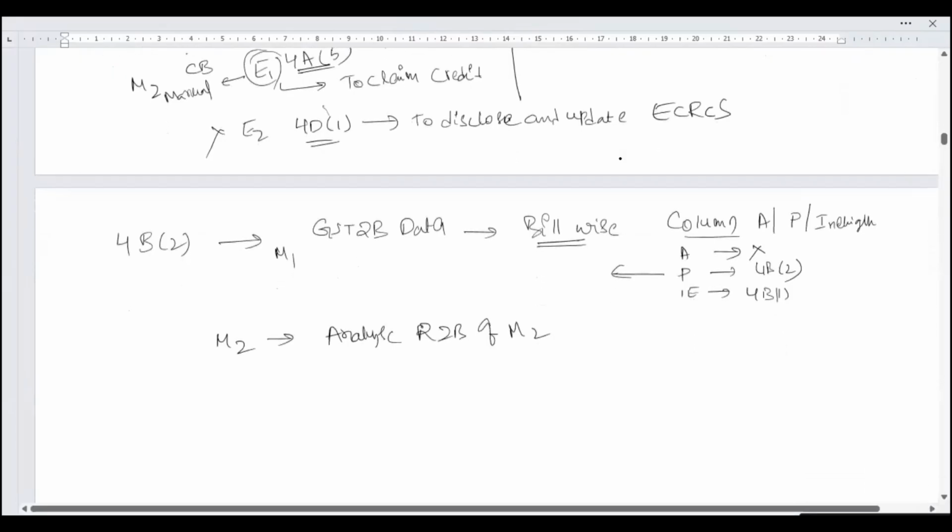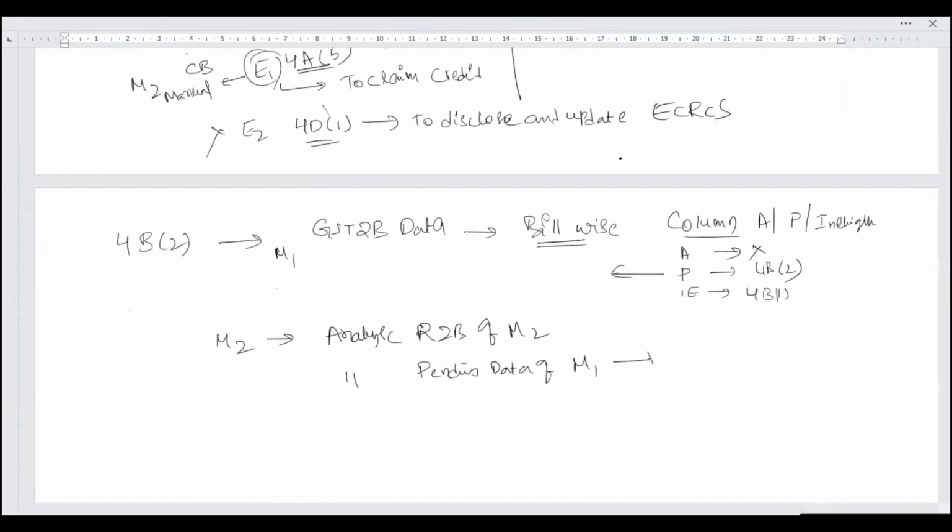Then analyze the pending data of month 1. So in case I have any credit to avail, what I will do is add it manually in 4A5 of month 2.